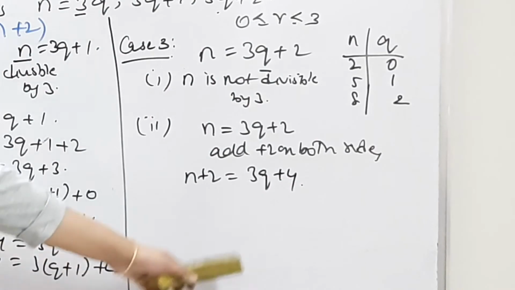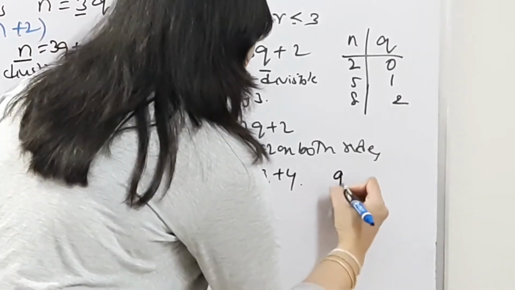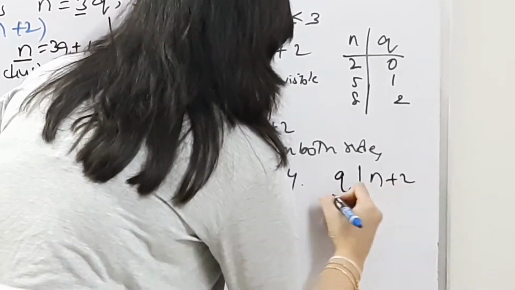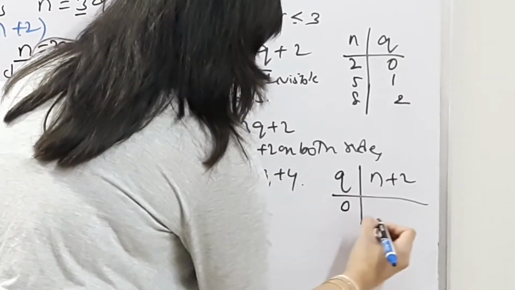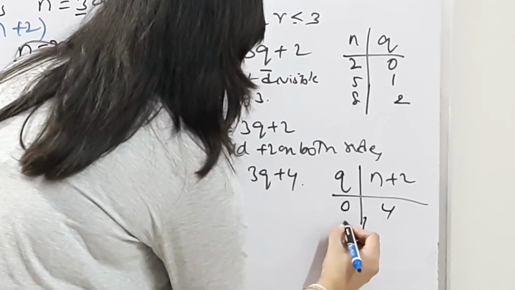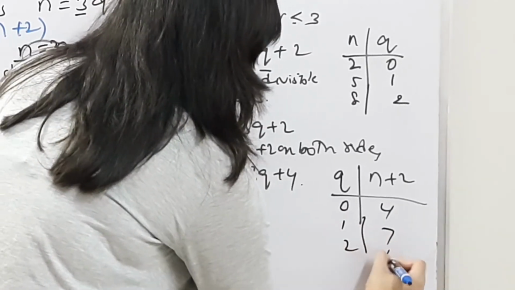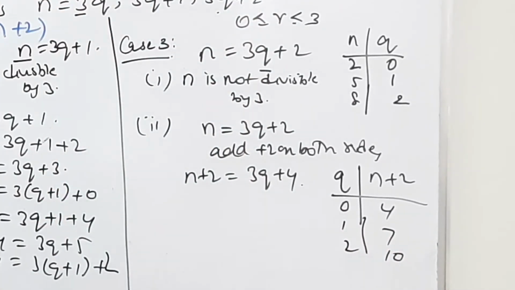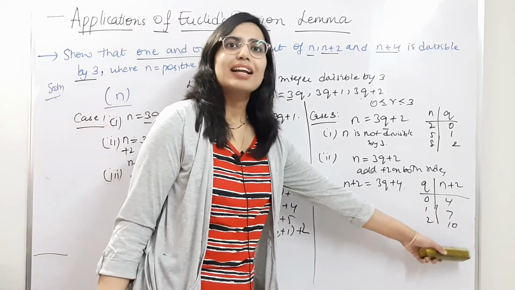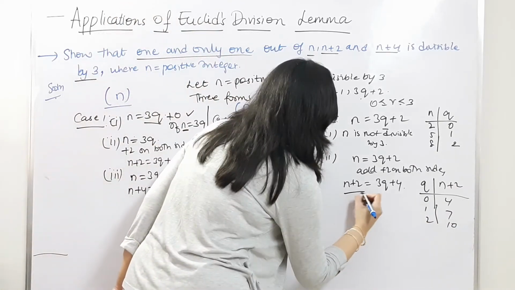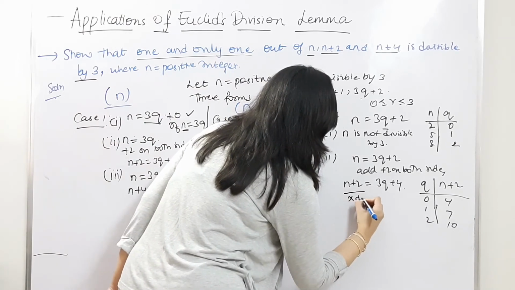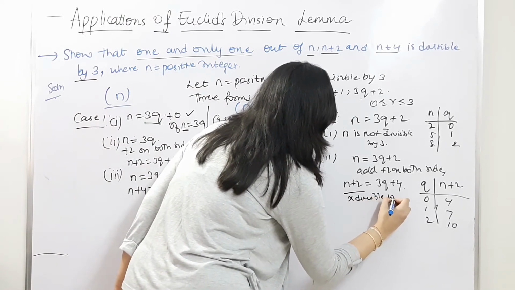If you substitute q values: q as 0, you get 4; q as 1, you get 7; q as 2, you get 10. That means n plus 2 is also not divisible by 3.